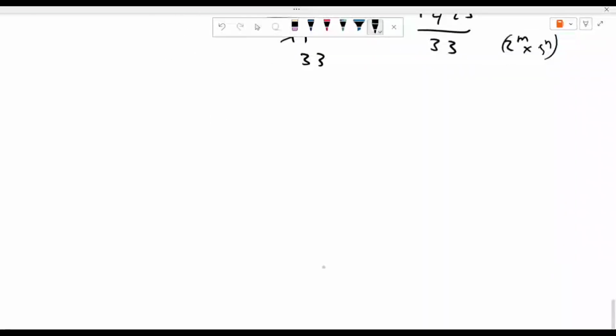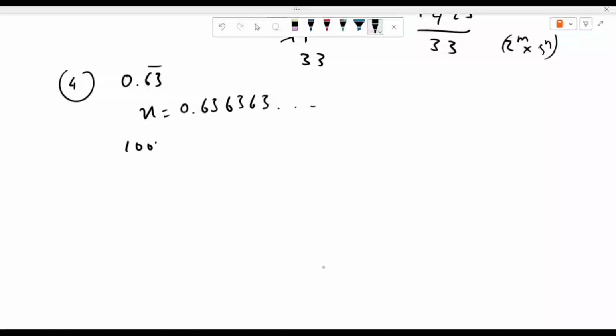Now let us take the fourth question. 0.63 bar is there, so I can write x equals 0.636363 and so on. If you multiply 100 on both sides, 100x equals, and the decimal shifts 2 places, so it will be 63.6363 and so on.